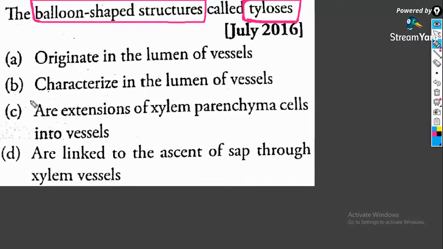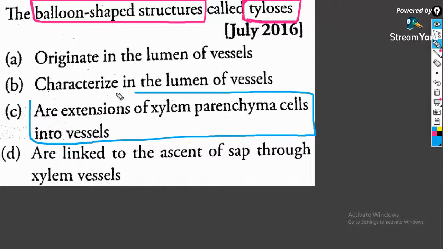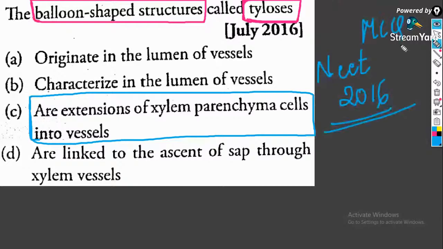So the correct answer for the question is option B. Guys, this is also a NEET 2016 question paper question, one of the most important MCQs from the chapter anatomy. So balloon shaped structures called tyloses are the extensions of xylem parenchyma into the vessels.